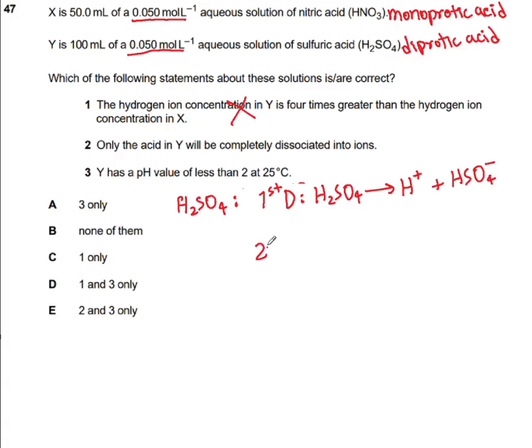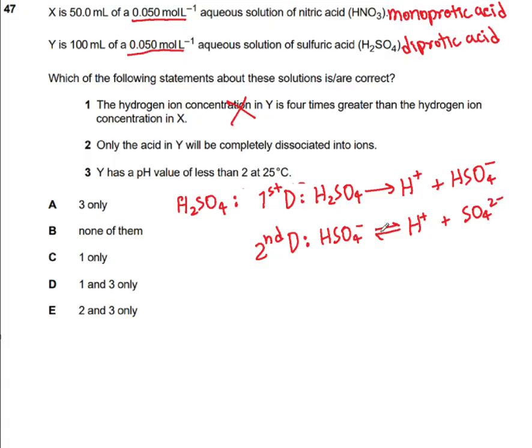And then in the second dissociation, this polyatomic ion, the acid HSO4 minus, dissociates. But now we're not going to use one single arrow. We're going to use this reversible arrow. Okay, so in the reversible direction, it dissociates into 1 H plus and sulfate.